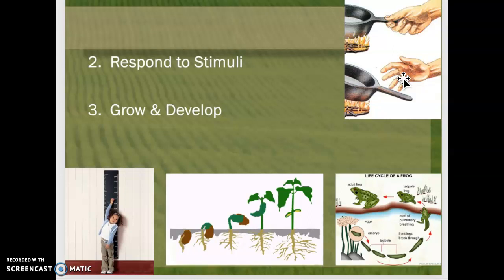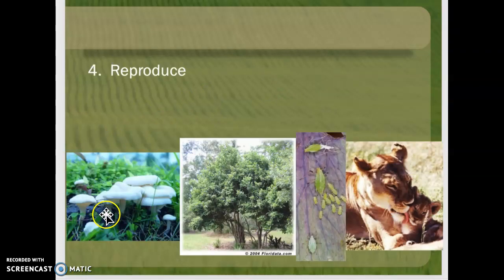The species also needs to grow and develop and reproduce. Okay, now not every single individual of that species is able to reproduce, but living things in general can reproduce. Right? So fungi reproduce with spores, our plants reproduce with fruits and seeds, and some of them have stems that can help them reproduce asexually.